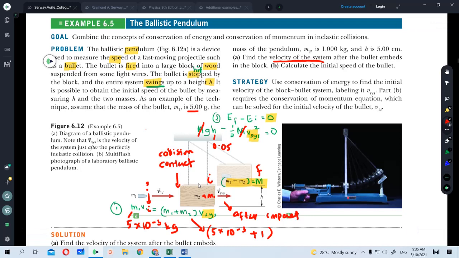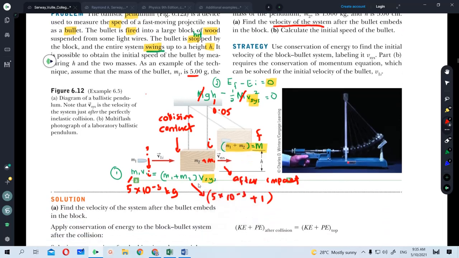So, rest for a while. Don't look at this equation. Look at the second equation, conservation of energy. From there, you can see straight away that you have h and 9.8 here, and you can now solve for the V of the system.